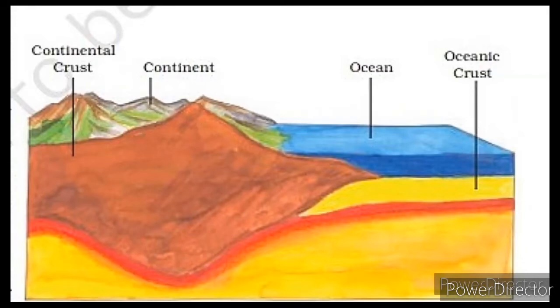Now, this crust can be of two types. We can classify the crust into two types: one which is continents or land masses, and the other which is oceans or oceanic floors.